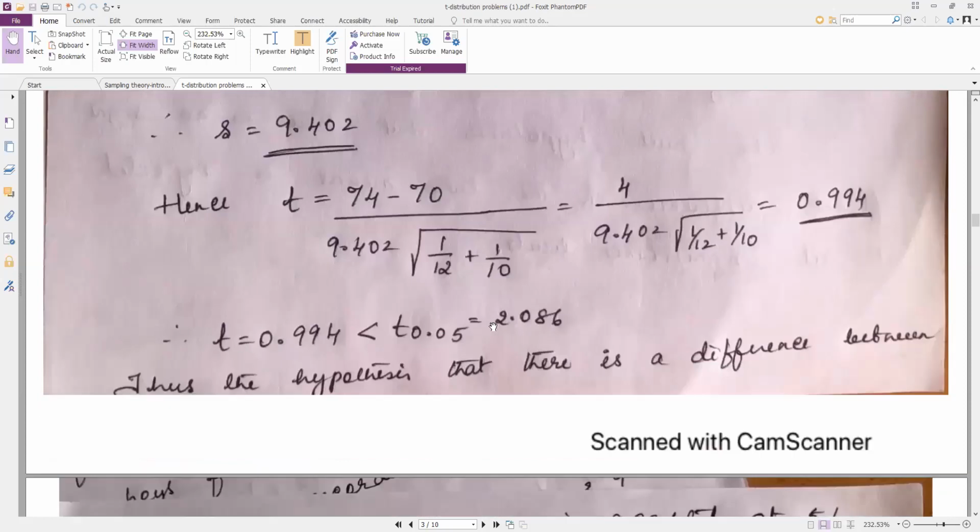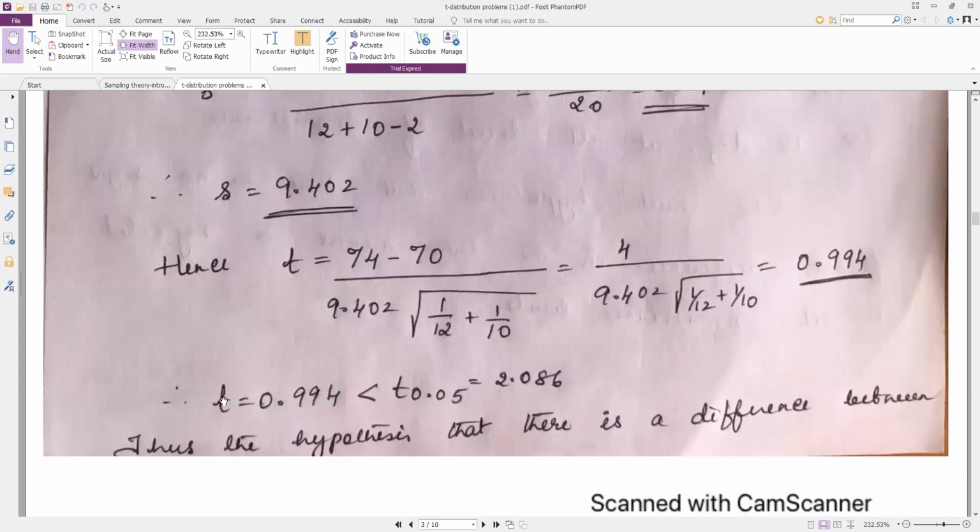So hence the t value is less than the table value. Whenever the value is less than that, we can accept the hypothesis, at the 95 percent confidence level.